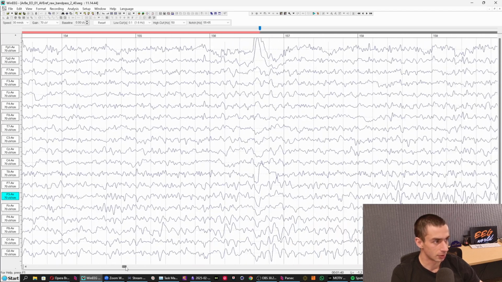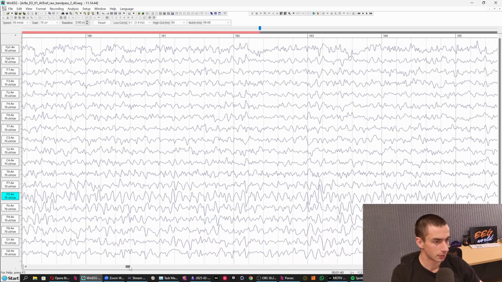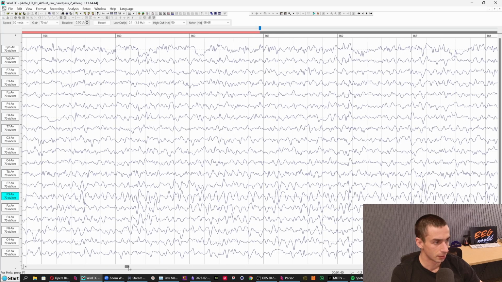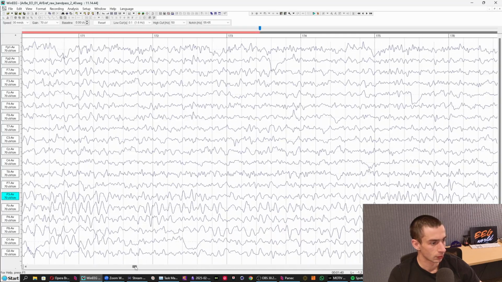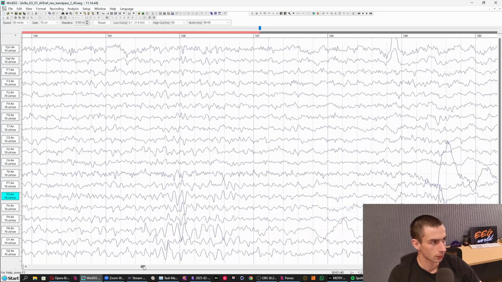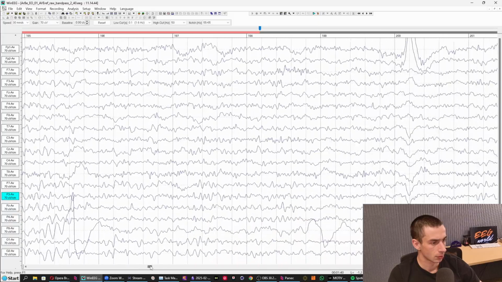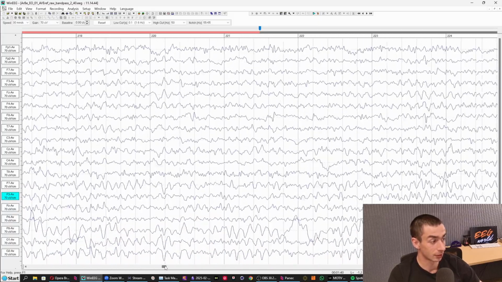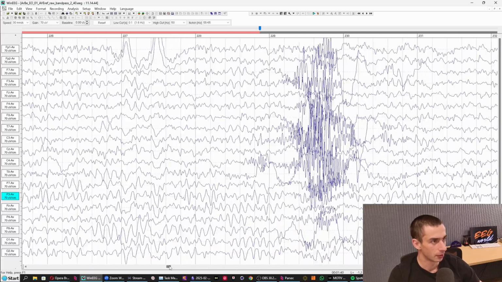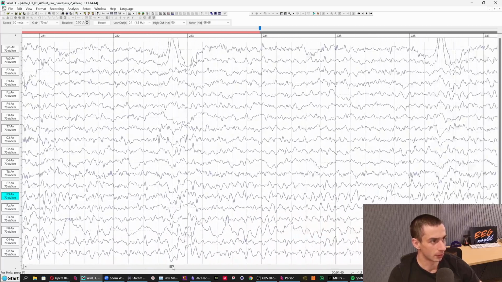Jaw tension, high amplitude alpha activity now at P3 and somewhat at PZ. And P8 is looking quite unstable as an electrode, rather. So we will need to clean that up to remove some of that slow sway.